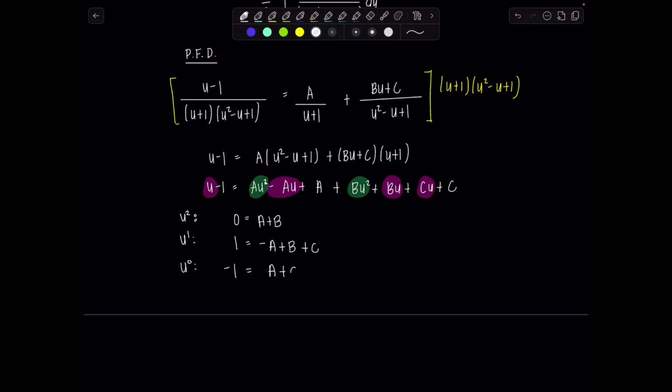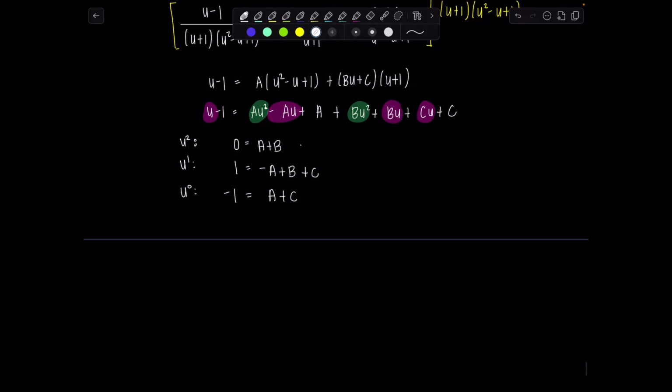That has to equal A plus C. So what I did was I played around here. I know that A is equal to the opposite of B, or negative B. Then I substituted that in here, so then I would get 1 equals positive B plus B, so 2B plus C.